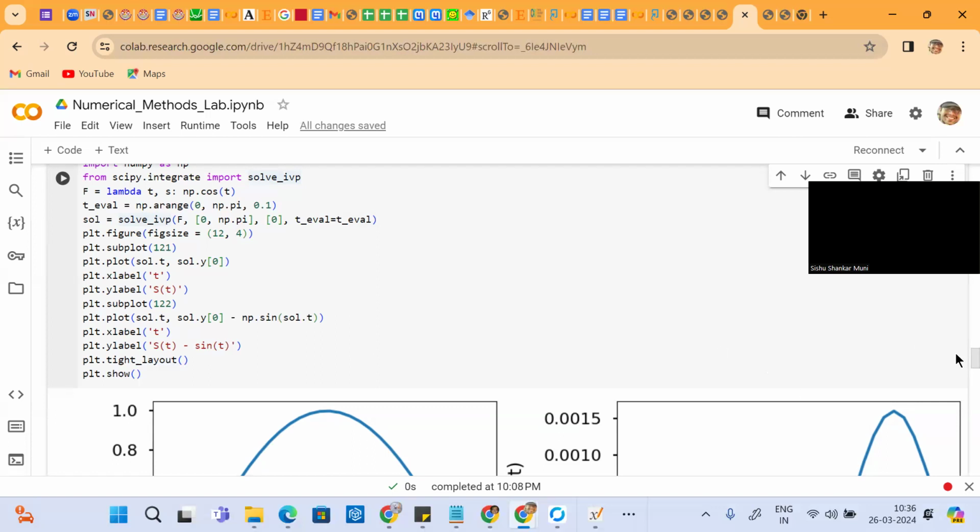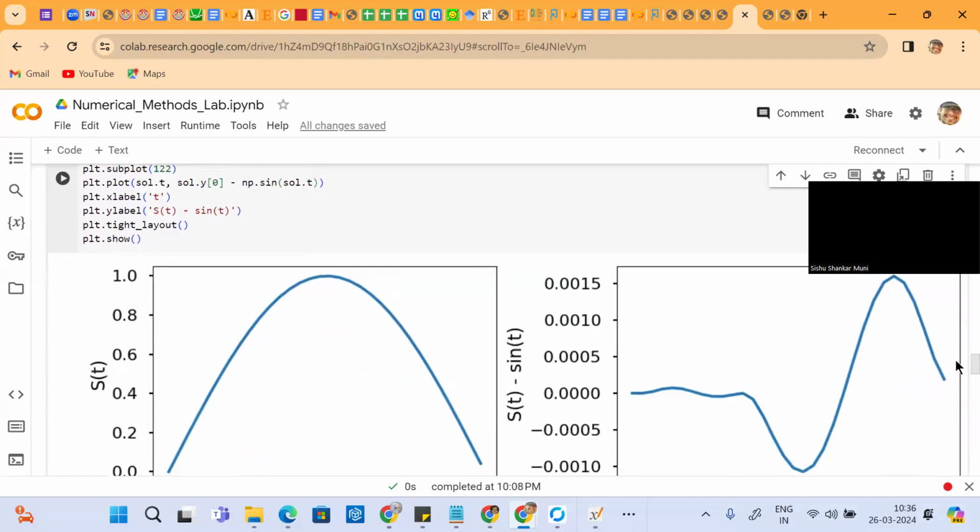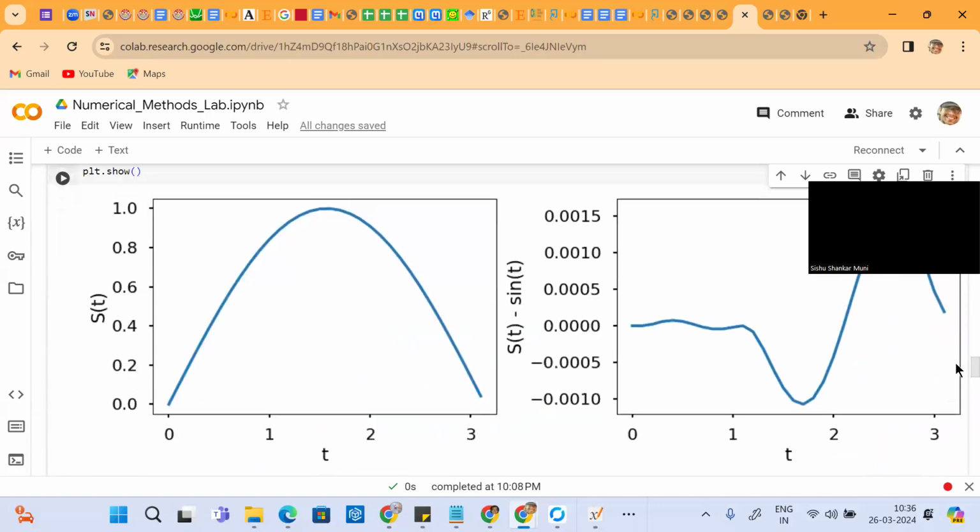So this is the output you will get. As you can see, this is the sine function from 0 to pi, isn't it? At 0, it is 0. At pi, it is 0. Somewhere around pi by 2, which is like 1.something, it is 1. So it is predicting the sine function.